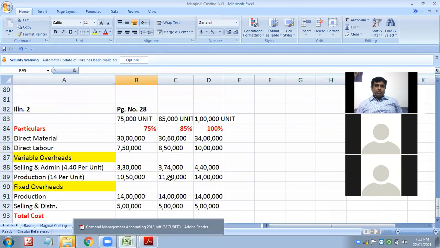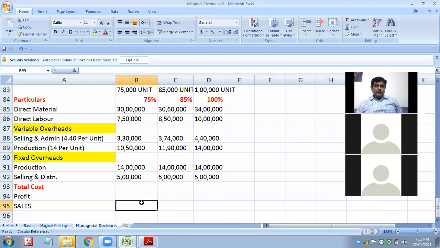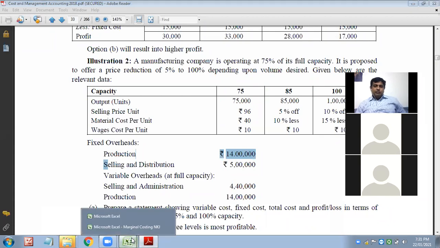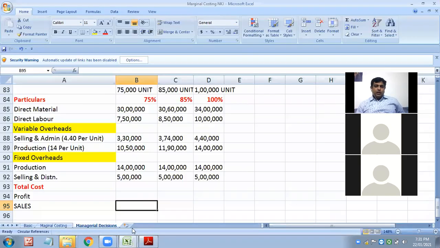Someone just get me the total cost. They are saying for 75% it is 96 rupees. So 96 into 75,000. How much are we getting? 72 lakh.